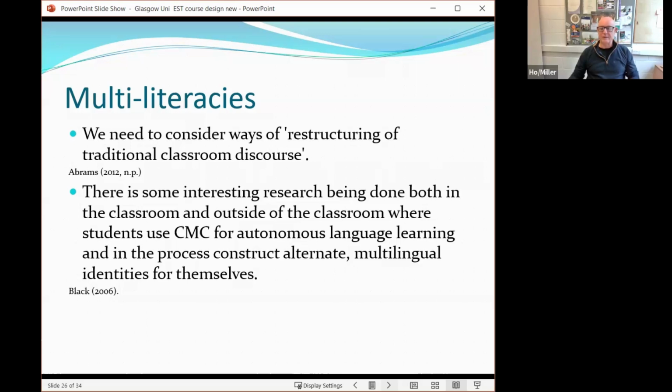But there's more and more research coming out in this area, and I think it's going to prove very interesting in the future what is going on. But we need to take it into consideration. You can't just ignore technology these days. You can't ignore the multiliteracies of our students. They expect it, basically, in their language learning and in any classroom that they're in these days.